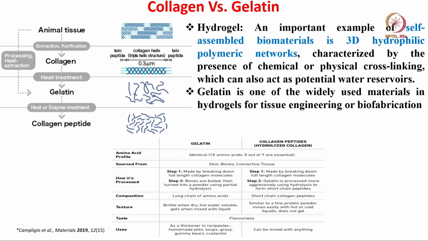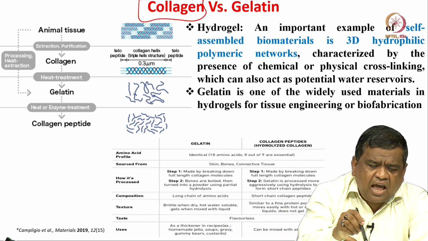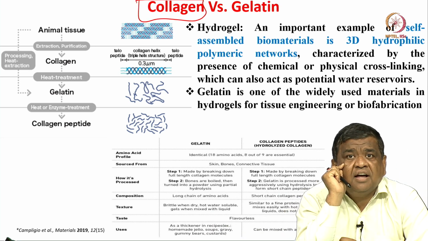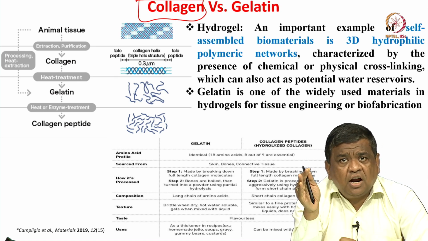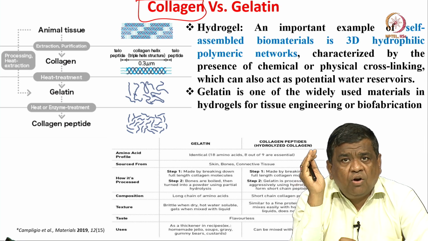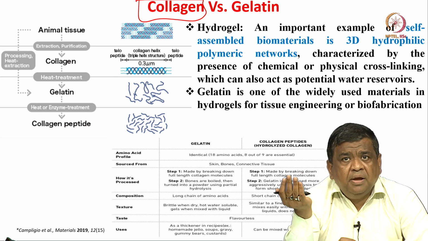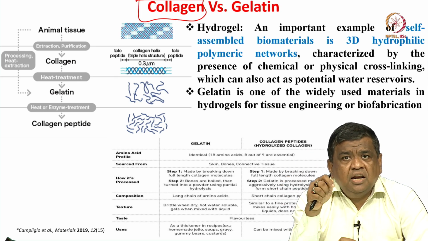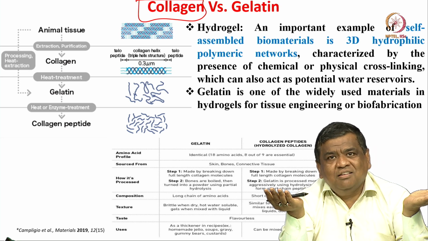Now, collagen. Why is collagen important? As I mentioned, collagen is actually the organic component of natural bone. Bone has an organic component and an inorganic component. The inorganic component is hydroxyapatite or calcium phosphates, and collagen is the organic component. So, when people started developing scaffolds, their attention automatically focused on collagen-based scaffolds, because collagen is already present in the human organism.